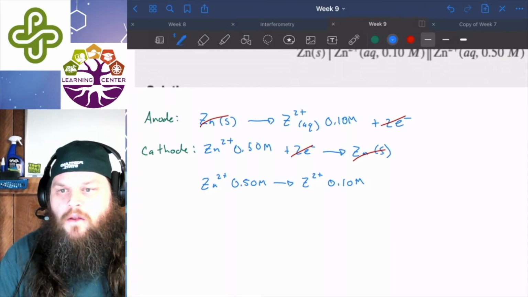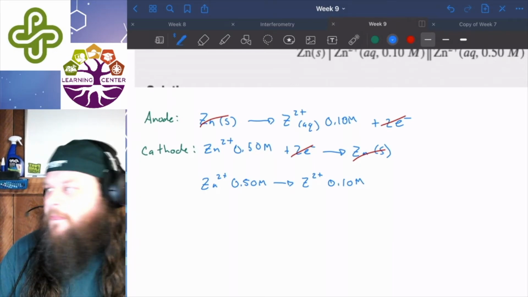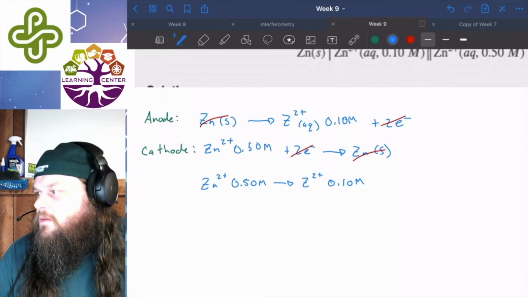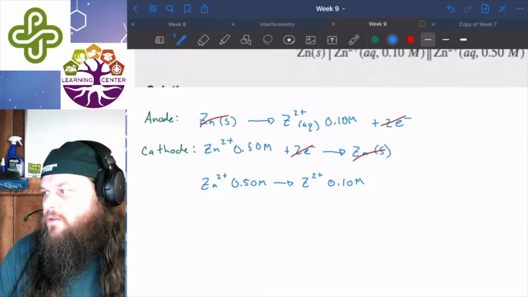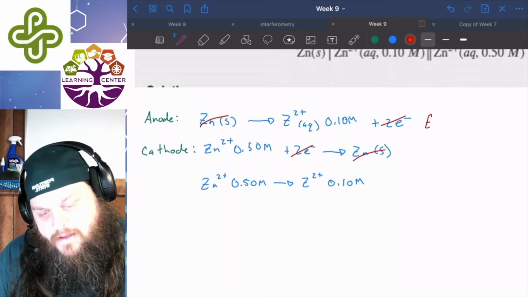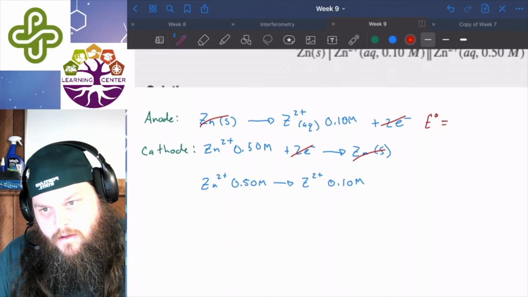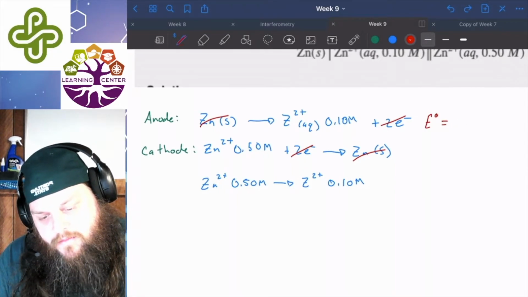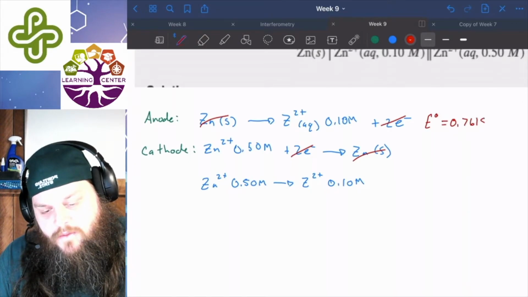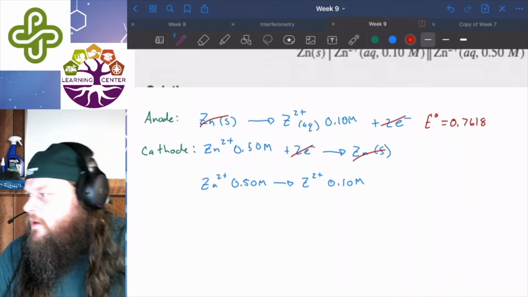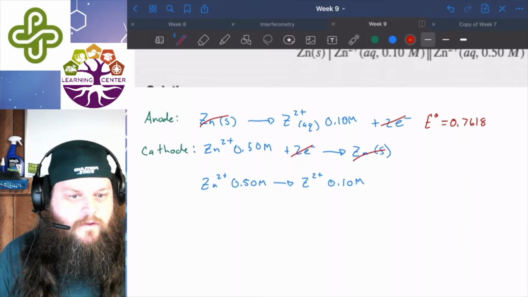So if we look at what those cell potentials are, looking at zinc, zinc 2 plus to zinc has an E equal to negative 0.7618. I'm seeing that there. Switch over.